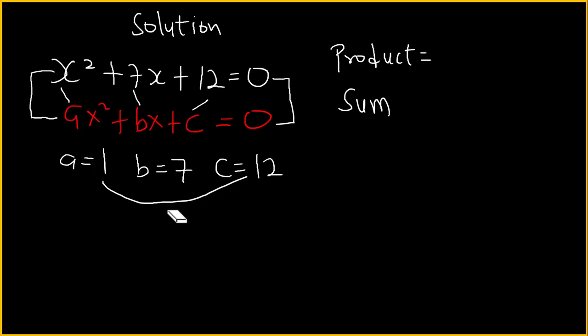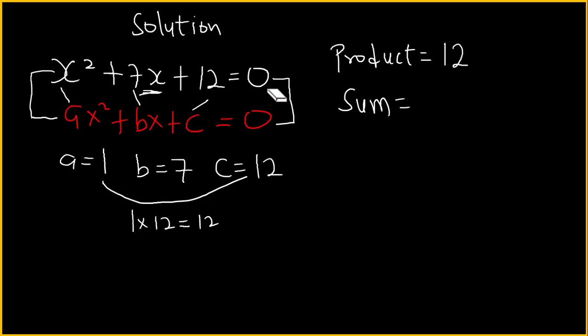So 1 by 12 for our product, and our result is 12. And for the sum, which is the second term, we are going to find factors from the product 12 that, when added, give us the number 7.